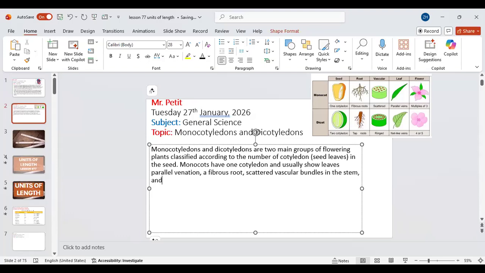And flowers with parts in multiples of 3.